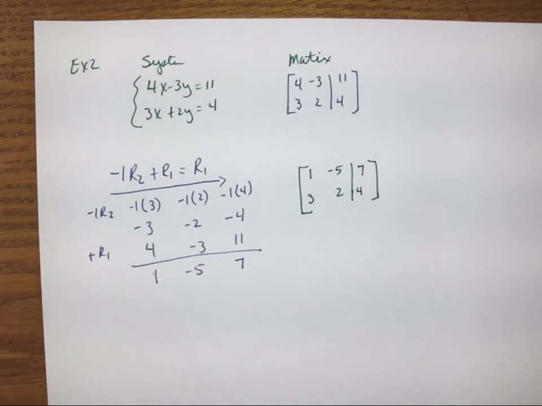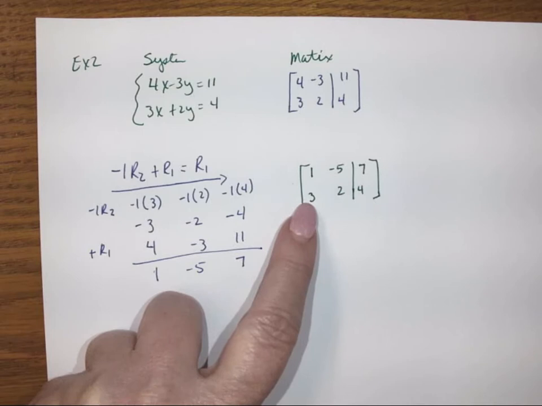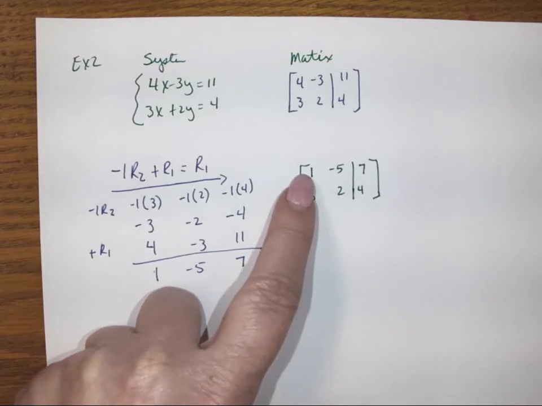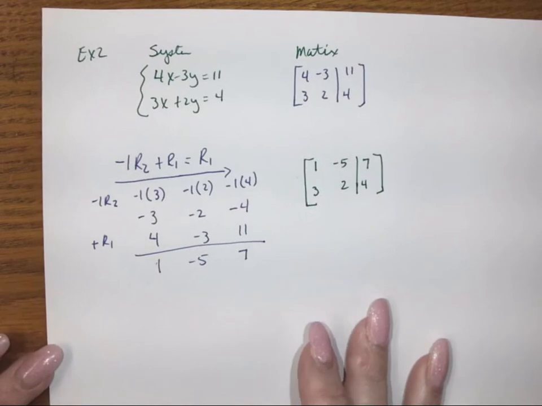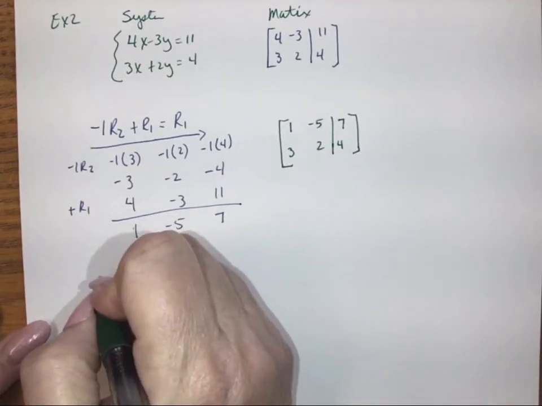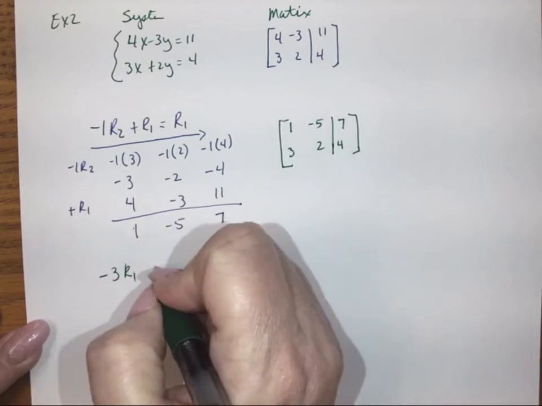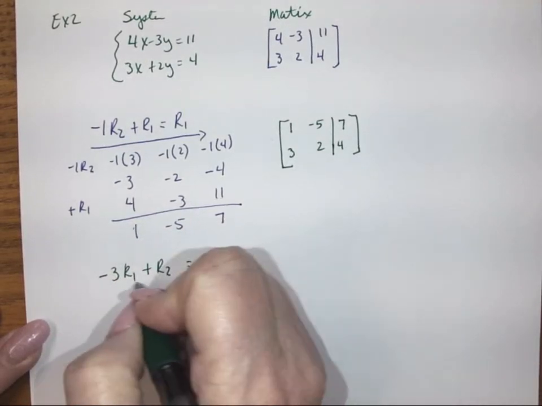So to get this to be a 0, I need to subtract 3. Well, I can use the 1 I created here and multiply by -3 to get that to become a 0. So we will now do -3 times row 1 plus row 2 will get us our new row 2.